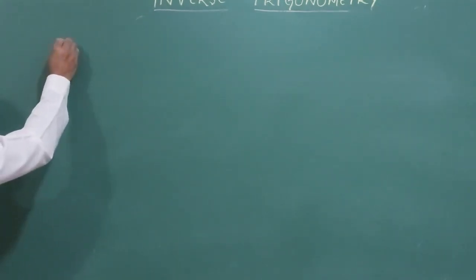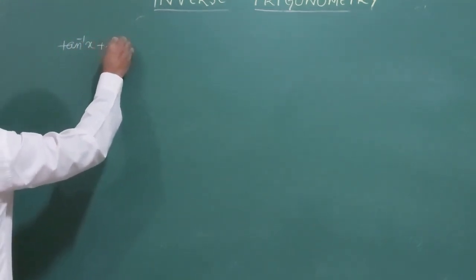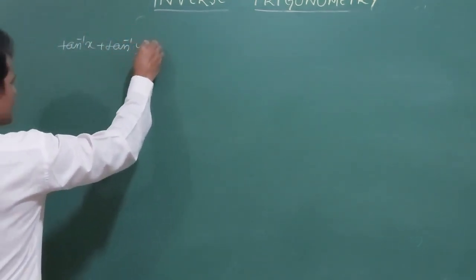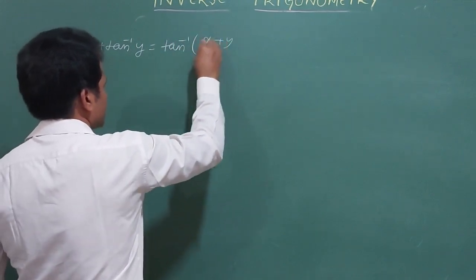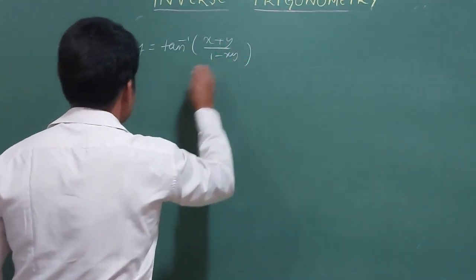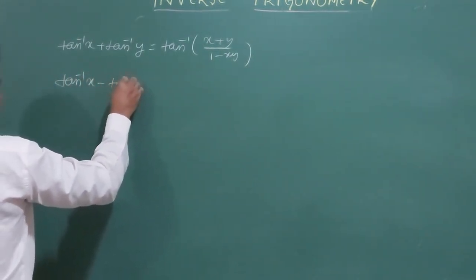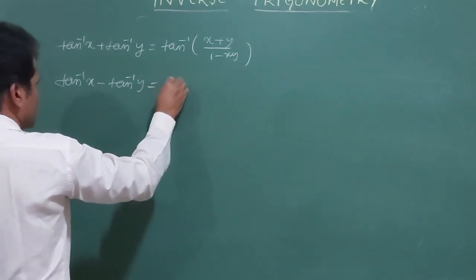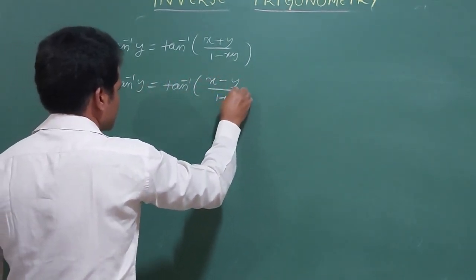Next is tan inverse x plus tan inverse y, which is tan inverse of (x plus y) by (1 minus xy). What is tan inverse x minus tan inverse y? Tan inverse of (x minus y) by (1 plus xy).